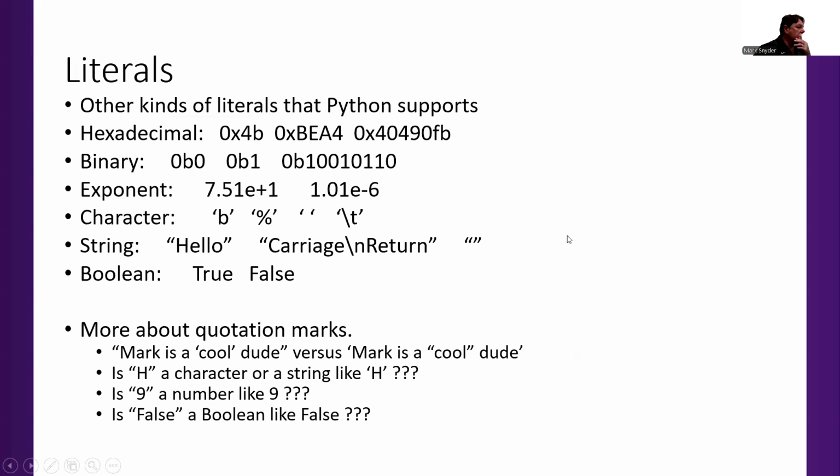Here's some other literals that Python supports. They all look kind of funny, but if you want to type in a hexadecimal literal, you start it with a 0x, and then whatever hexadecimal characters, 0 through 9, A through F that you want. Binary, you can say 0b.